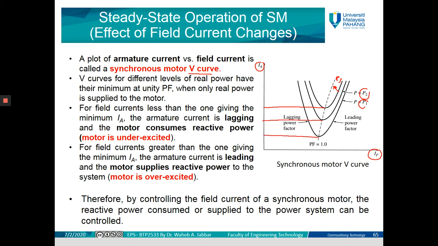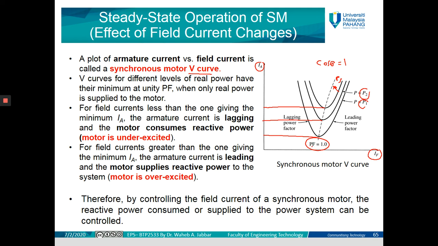The minimum value of the armature current is obtained when the power factor is equal to 1, that is, when cosine theta is equal to 1. So we get the lowest armature current, which means the lowest current taken from the source to the stator winding of the synchronous motor.